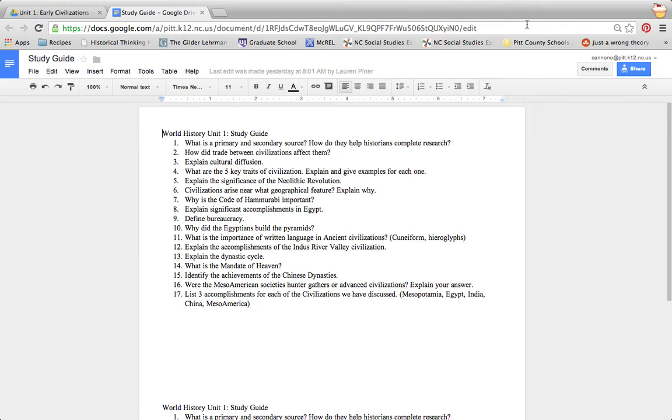Like when we first arrived with civilization, a lot of people are going to be farmers, but with the surplus in food, other people can have different jobs, like being a potter or a merchant where you take goods and trade them. When we talk about advanced technology, it's not going to be an iPad, but it will be the plow, the wheel, irrigation systems, buildings. When we talk about complex institutions, you need to think about government systems, leadership, organized religion.